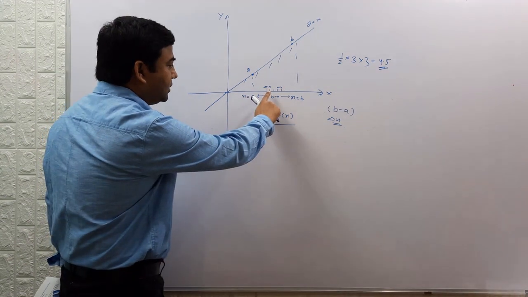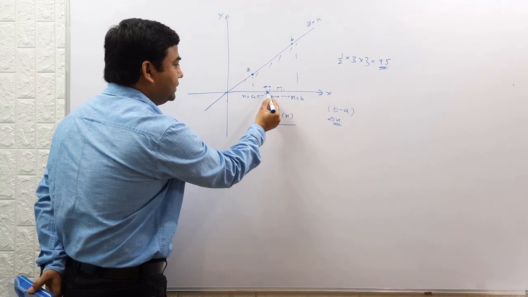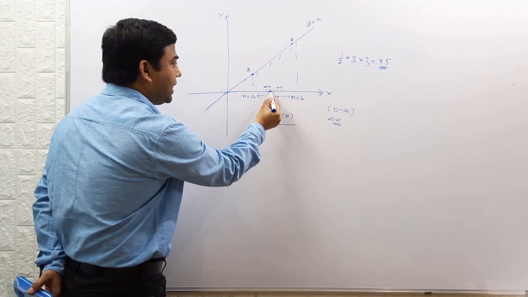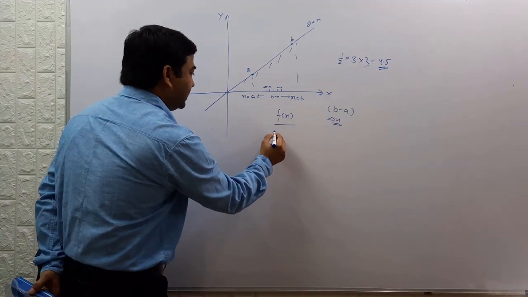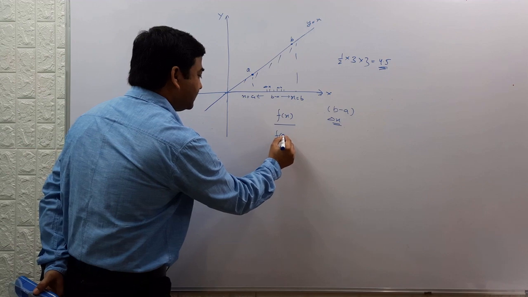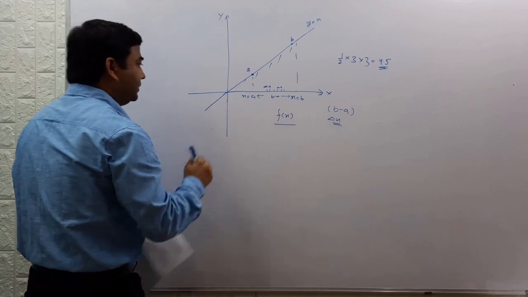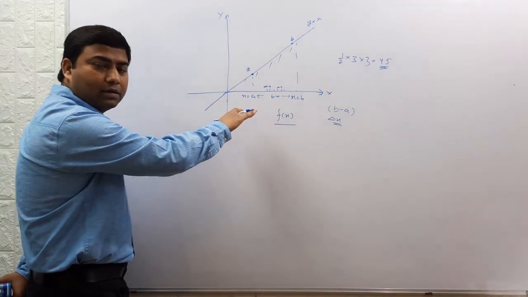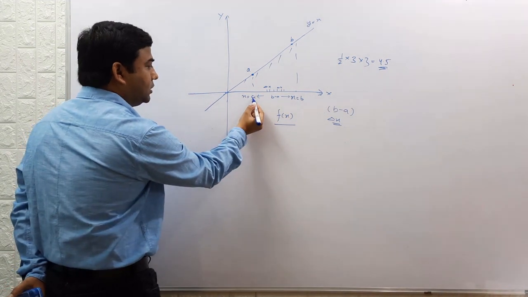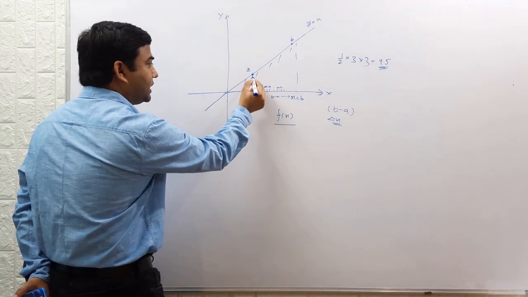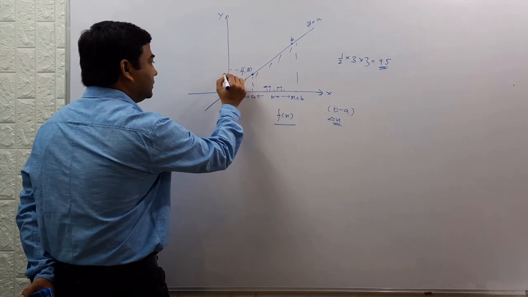So the area of a single rectangle formed by width delta x and height of the function will be f(x). First, the expression for the area, considering the same expression as earlier: at x equal to a, the value of this height is f(a).